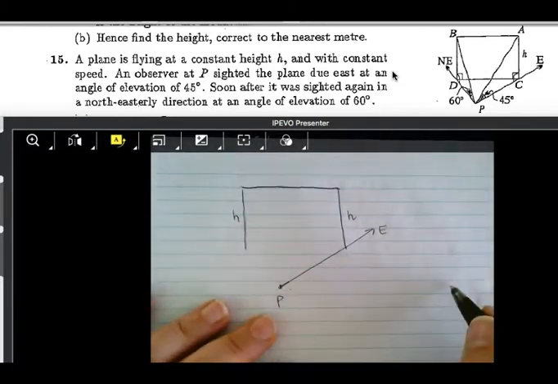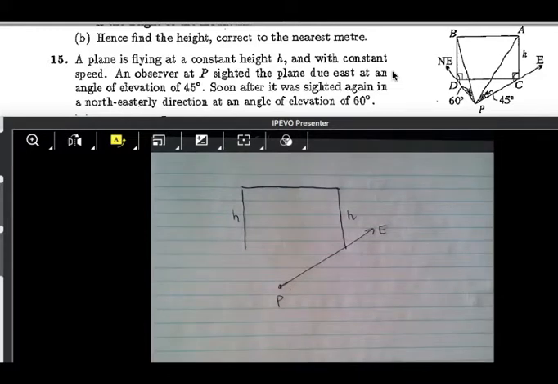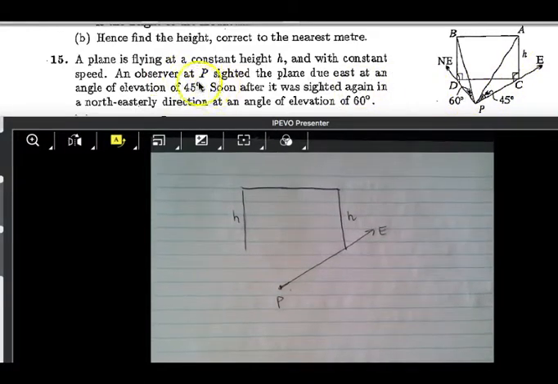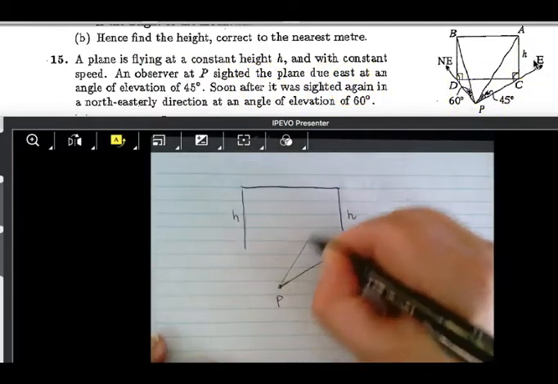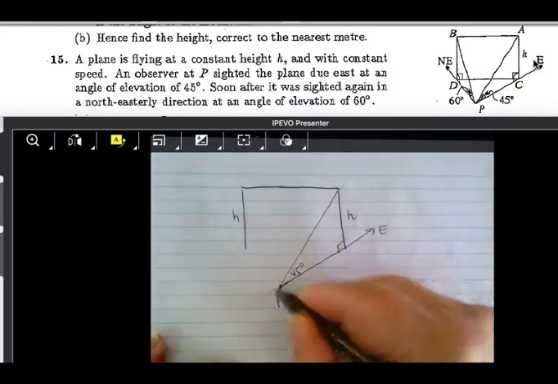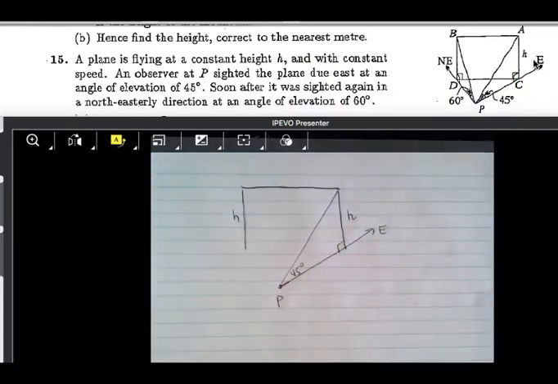I know it normally is drawn across, and actually sometimes we draw north sideways, but they've drawn it all on angles, all right? So that happens to be east. So an observer at P sighted the plane due east at an angle of elevation of 45 degrees. So remember, angle of elevation triangles.